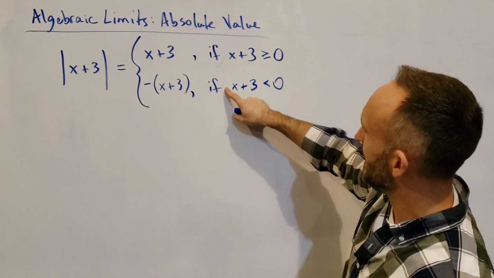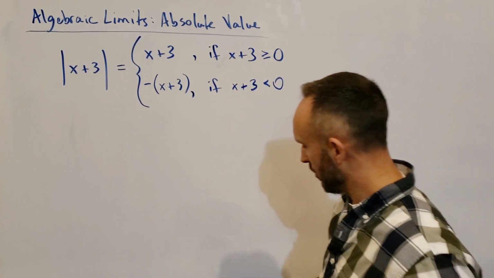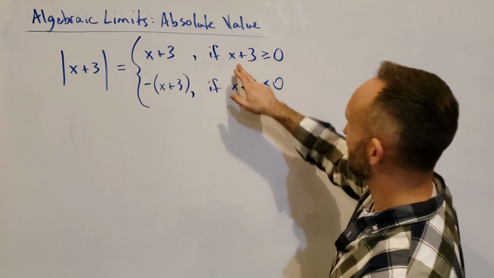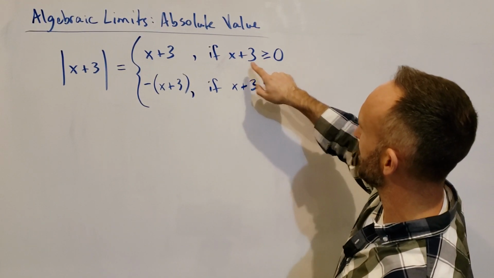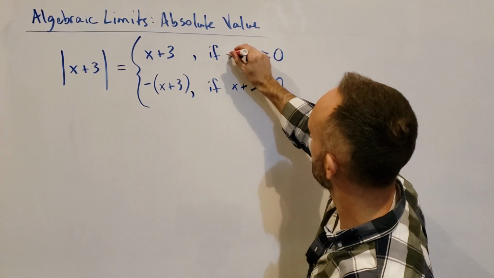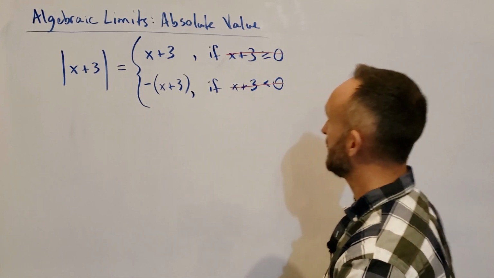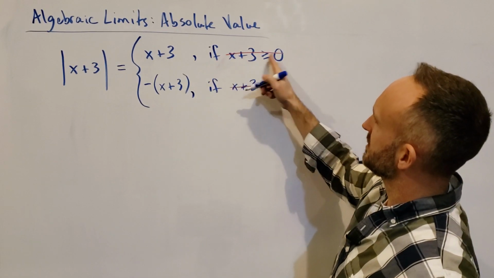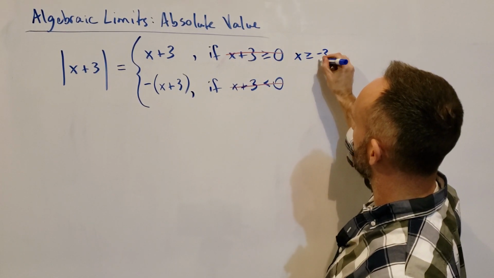Typically, this statement here, the if statement, is in terms of just x. So what we will do is get x by itself in each of these statements, and we do that simply by subtracting 3. So I'm going to cross these out just to leave remnants behind so we can see what we did. And I'm going to replace this by saying if, and if I subtract 3 from both sides, x will be greater than or equal to negative 3.